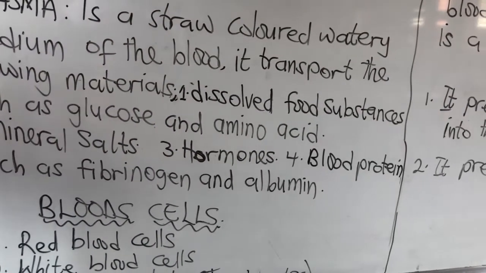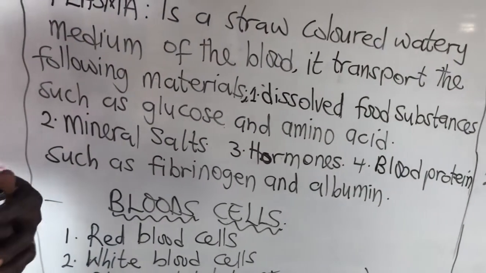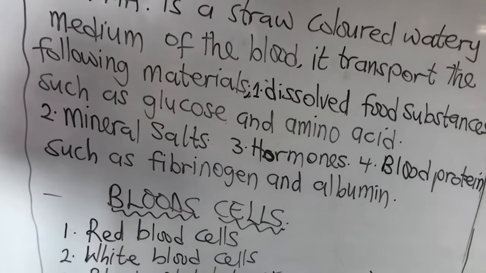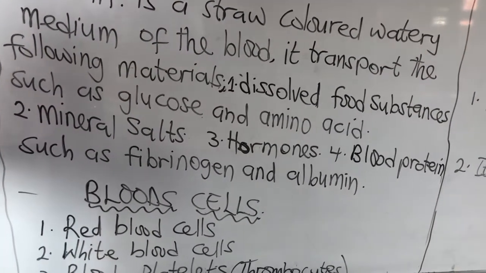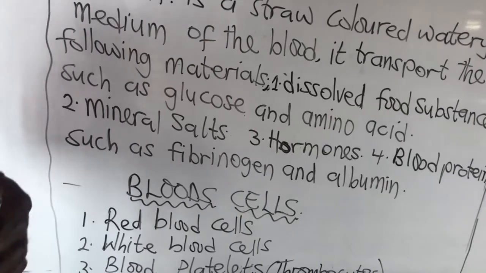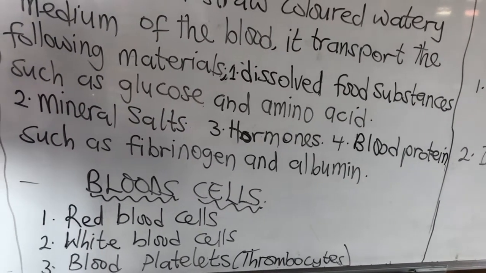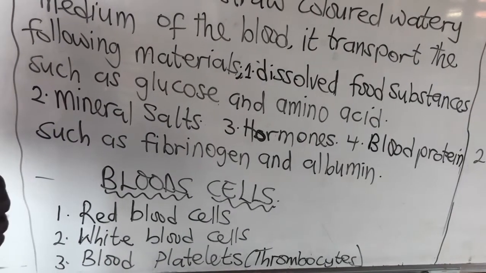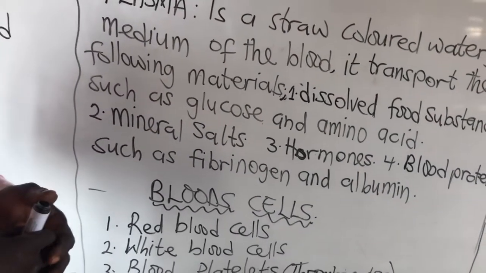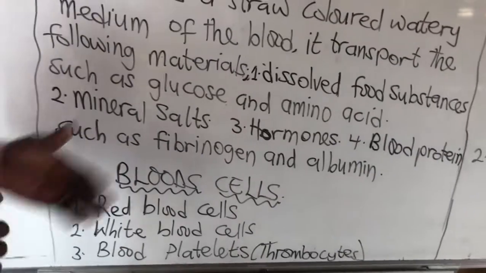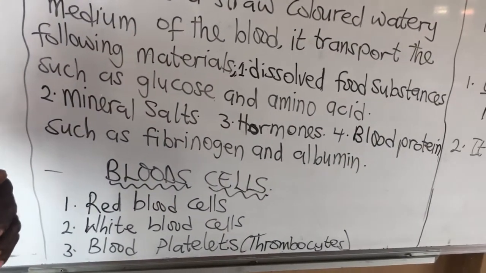Glucose is the byproduct of carbohydrates. After digestion of carbohydrates such as yam, banku, and the rest, the food changes into glucose.